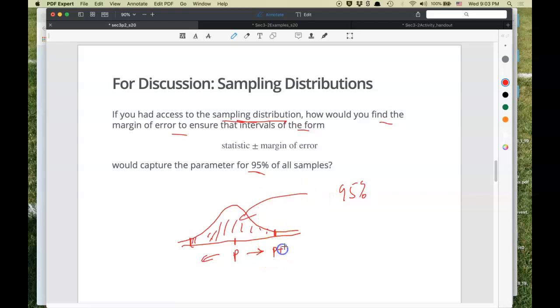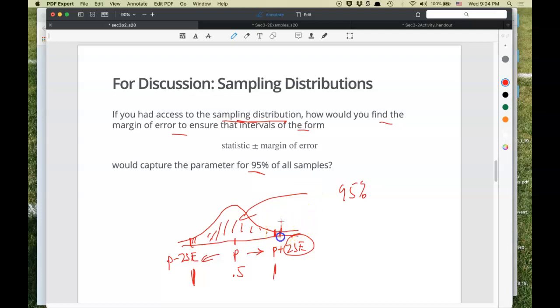So p plus 2 standard errors and p minus 2 standard errors, or if you like, if this were 0.5, then this interval 2 standard errors either side should contain 95% of the probability. So this 2 is the right number of standard errors.